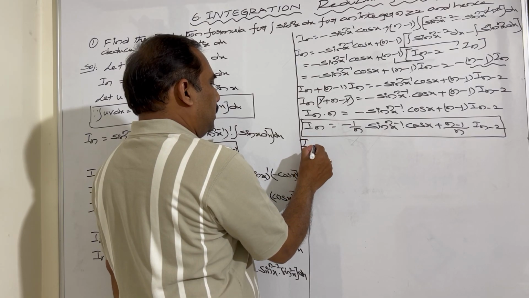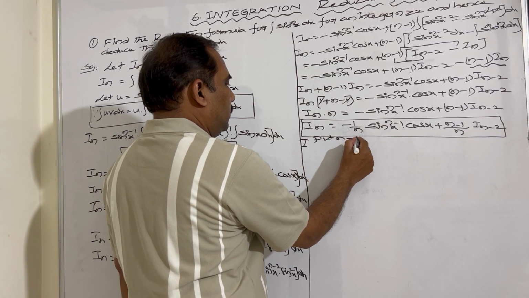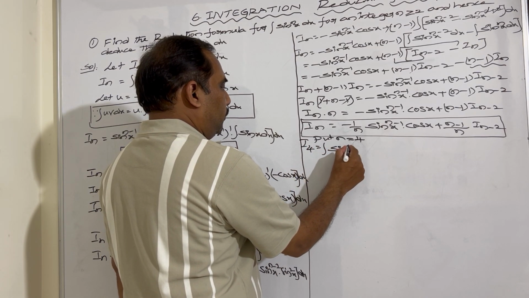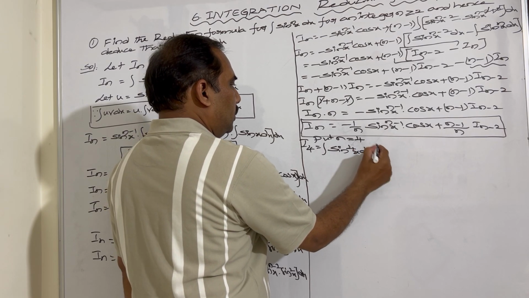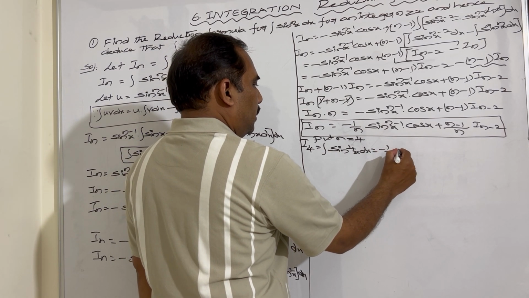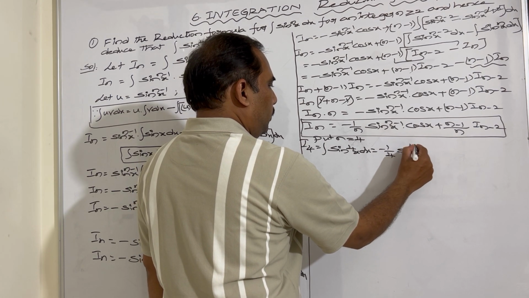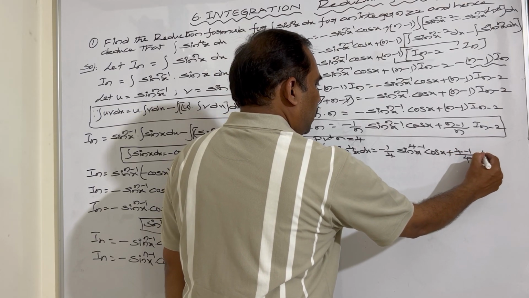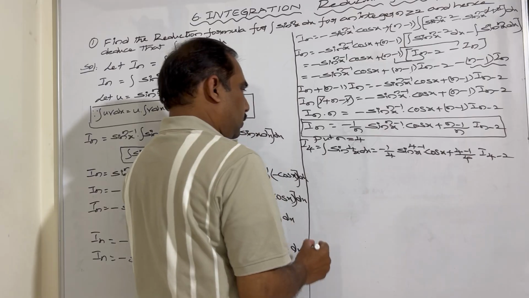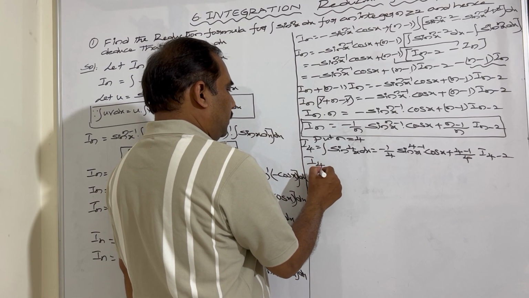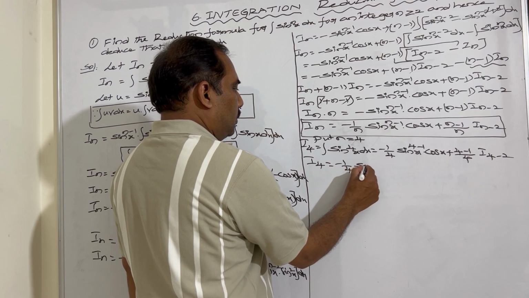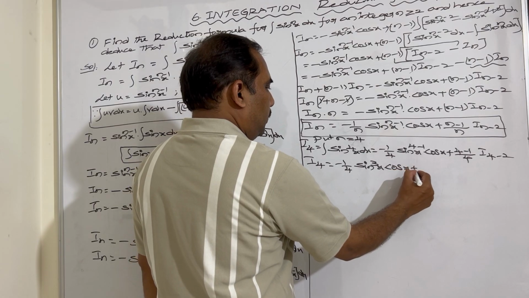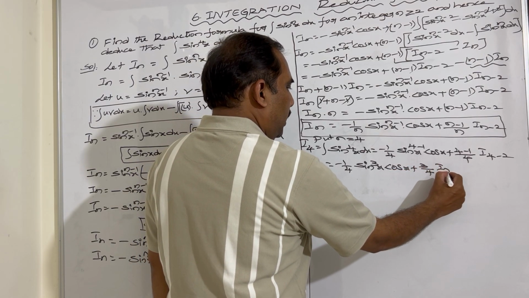Now I4 is equal, that means put n is equal to 4 in the same formula. I4 is equal to integral sin power 4x dx, which is equal to minus 1 by 4 into sin x power 4 minus 1 into cos x, and plus this is 4 minus 1 by 4 into I_(4-2). So then we get here I4 is equal to minus 1 by 4 into sin x power 4 minus 1, sin cube x into cos x, and plus this is 3 by 4 into I2 here.